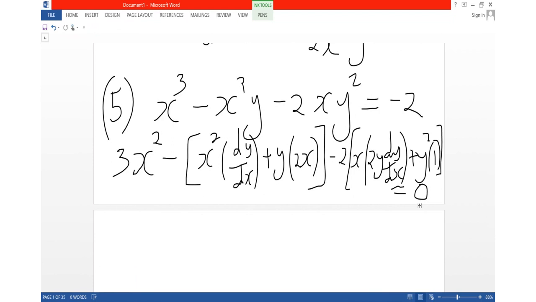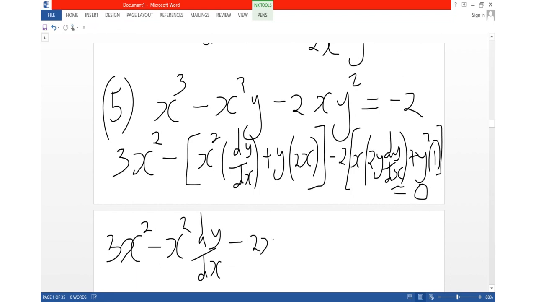Let me now open up the bracket. A negative times a positive will end up with negative x squared dy dx. We have another one, a negative times a positive is still a negative 2xy. That is the most important thing about brackets.